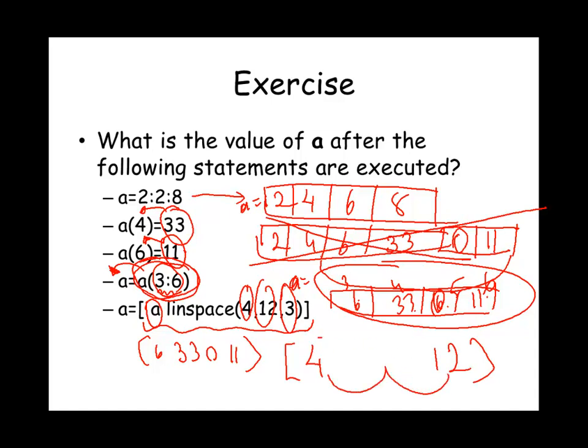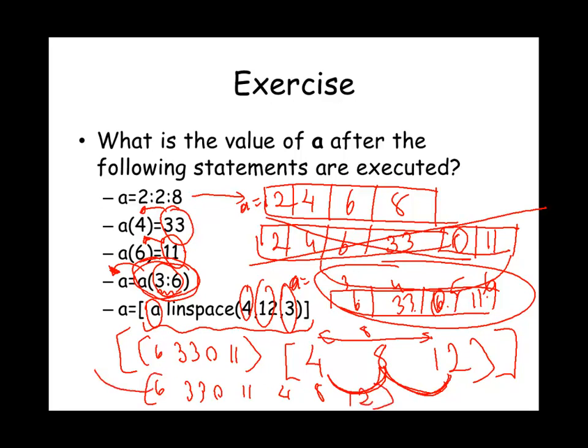We have a range of 8 to fill, and we only have 2 increments, so the step size will be 4. We are stepping 4 by 4, so the middle number will be 8. The concatenation of these 2 vectors will give us a new vector that contains 6, 33, 0, 11, 4, 8, 12. So that will be the result, which will be stored in variable A.